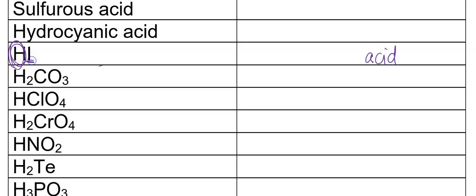Note that there's no oxygen present, so we're taking that root word from the periodic table. The I stands for iodine, so we're going to start the word with hydro because there's no oxygen. We're going to use the root name of iodine, and we're going to end it with ic. So hydroiodic acid.